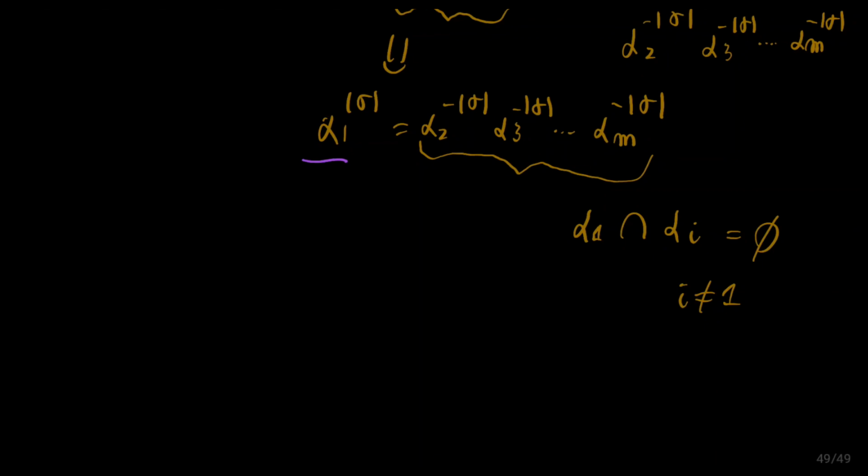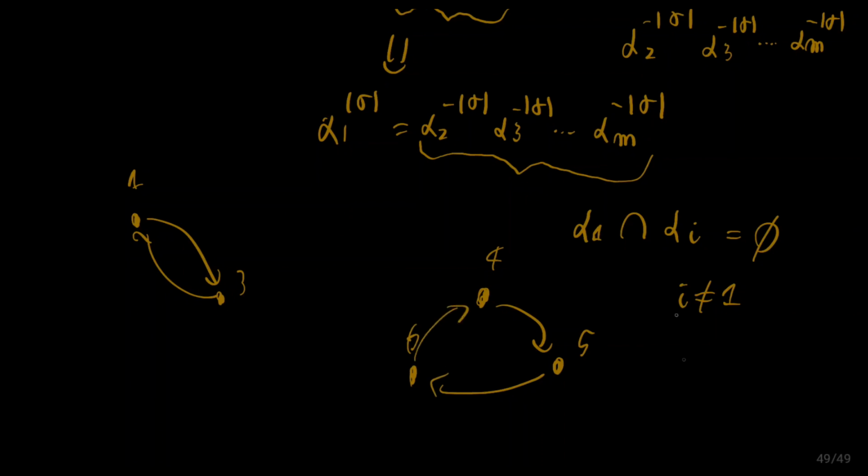Suppose, in a practical example, that alpha 1 moves 1 and 3 in a way like this, and then you have alpha 2 that moves 4 to 5, then 5 to 6, and then 6 back to 4, and then you have alpha 3 which moves 7 to 3, for example, and then alpha 4 that moves 9 back to itself, and then alpha 5 maybe 9 to 8 and then 8 back to 9.